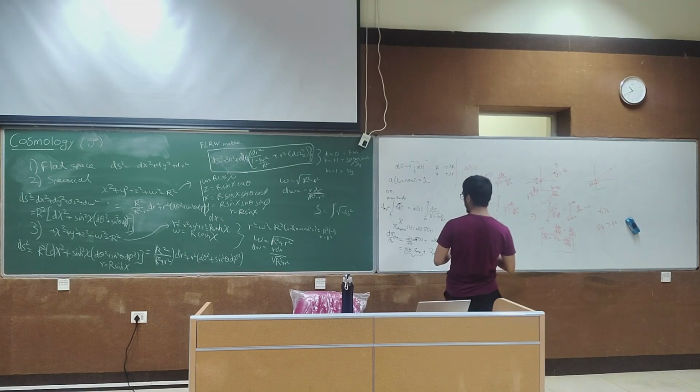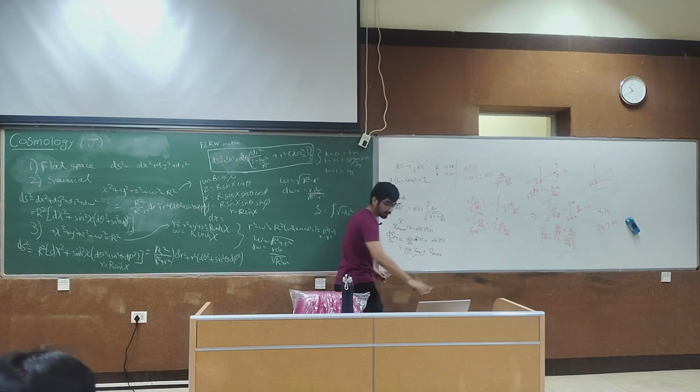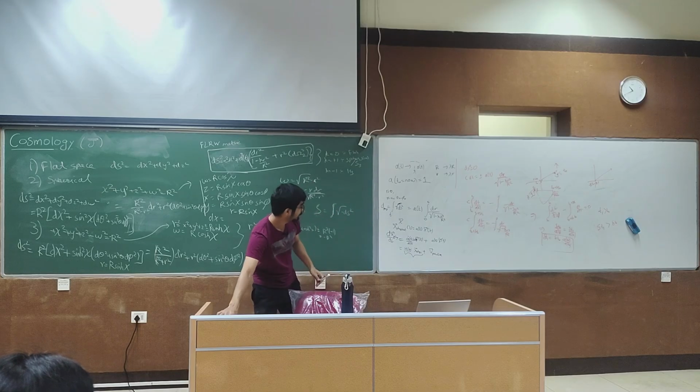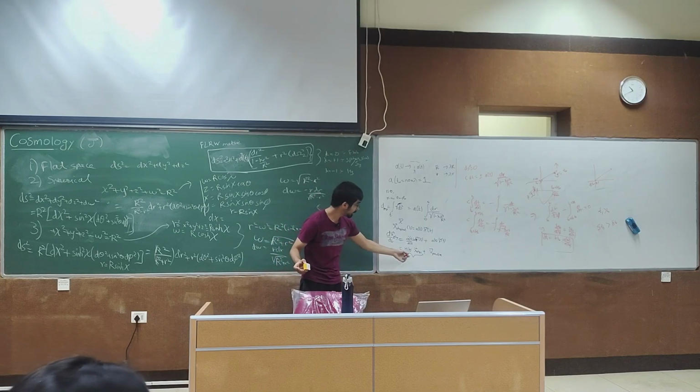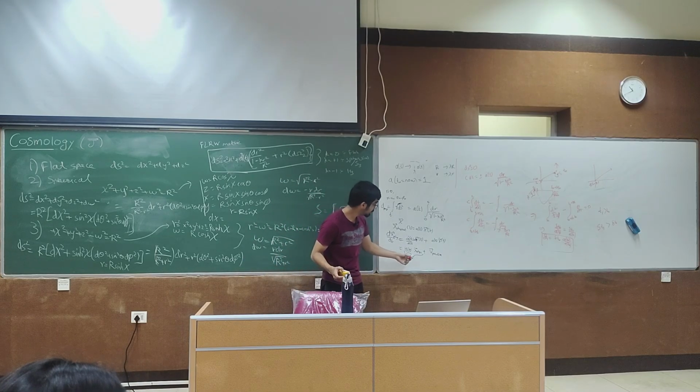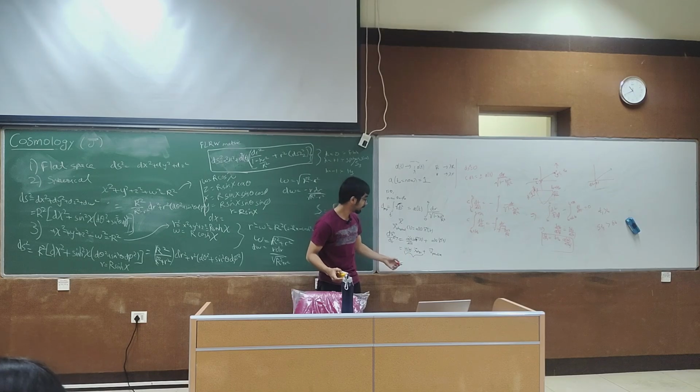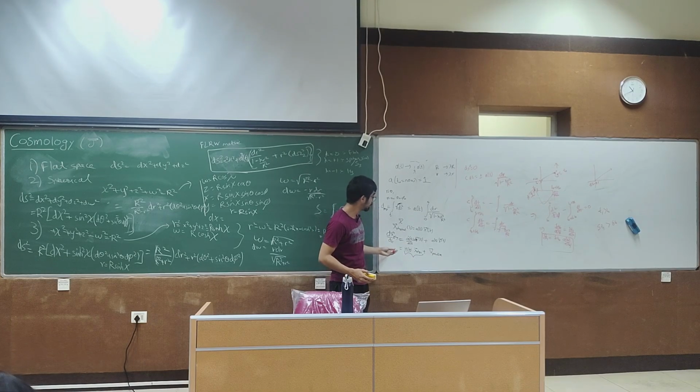Because if you see this, even if you ignore the peculiar velocity, the physical speed is linear with x physical. So if x physical is very large, then this physical velocity can be greater than the speed of light. Does that make sense?